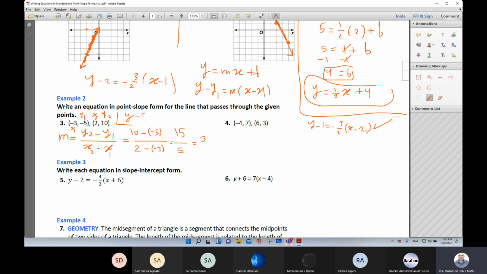So write here negative 5 equal m. What is the value of m? 3, multiplied by x minus, what is the value of x1? Negative 2.